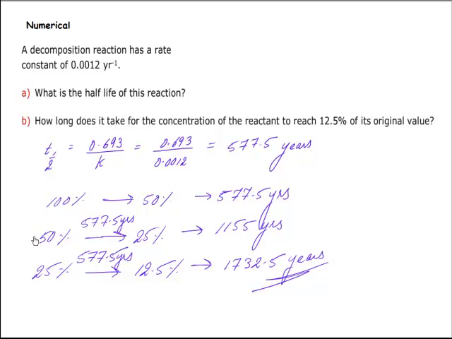So if you realize, I did not use the integrated rate law equation out here at all, as the percentage was 12.5. Even if the percentage was half of 12.5, which is 6.25, I would have followed the same method and added one more 577.5 years to this particular answer.